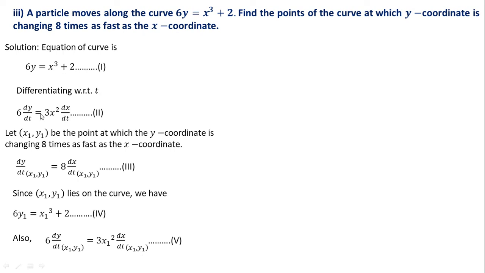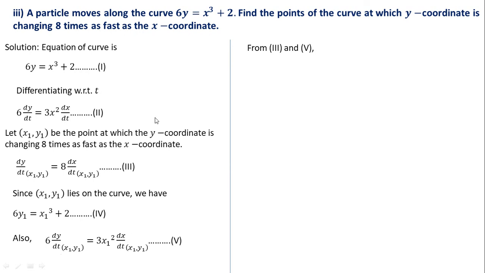Means this equation number 2 at point x1, y1 can be written like this. So by equation number 2 we get equation number 5.